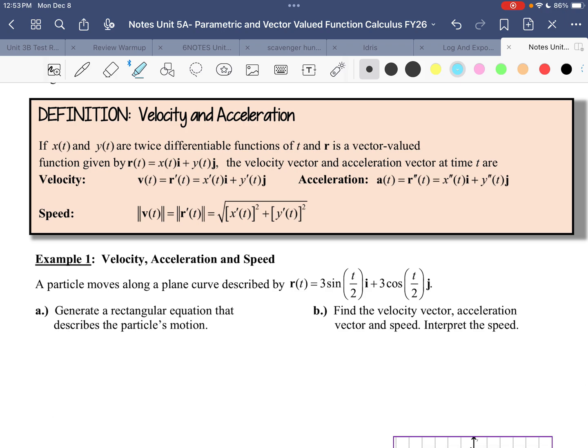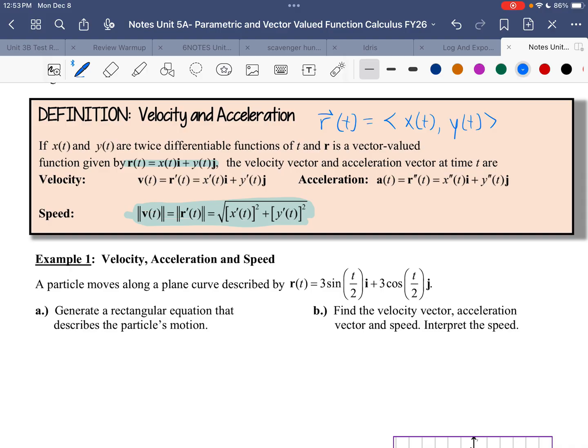So if x and y are twice differentiable functions of t and r is a vector valued function, then we would say r is equal to some x and y. That can be written, again, r of t can be written like x of t, y of t, and all of its derivatives would also follow that path. The speed is taking the derivative of that vector function and then finding the magnitude of it.